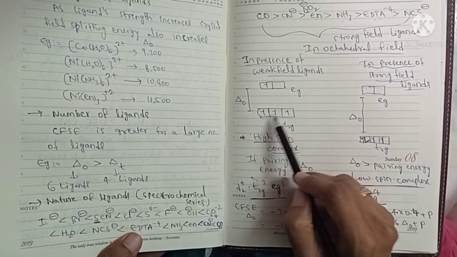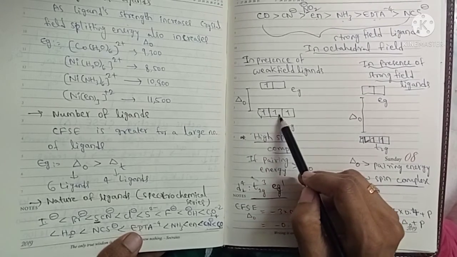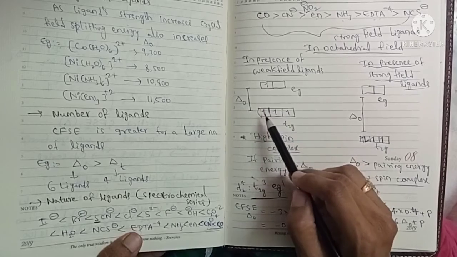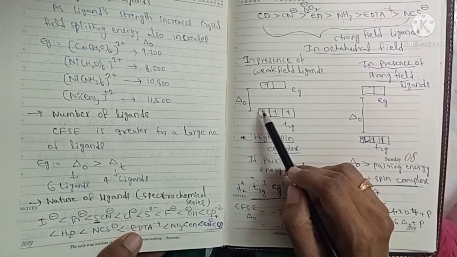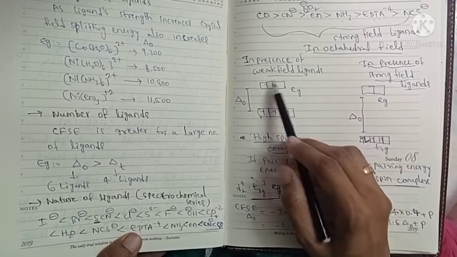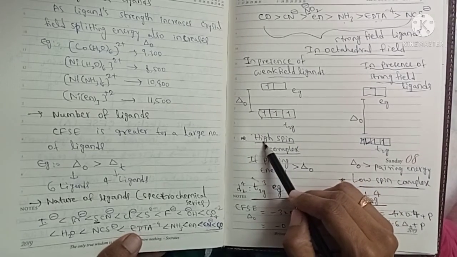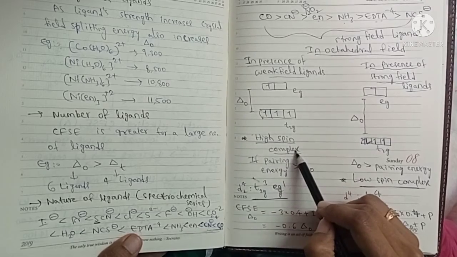In presence of weak field ligands there is no pairing. The electrons don't violate Hund's rule; they are filled according to Hund's rule. This is a d4 electronic configuration: d1, d2, second electron, third electron and fourth electron. Here no pairing takes place. This is called a high spin complex.